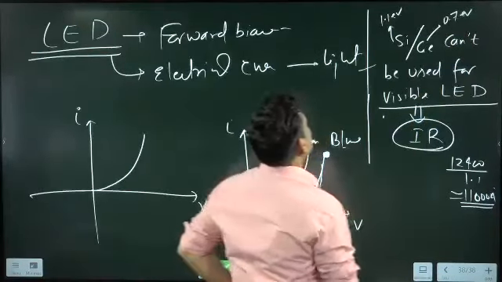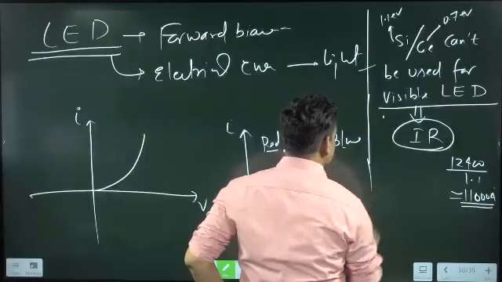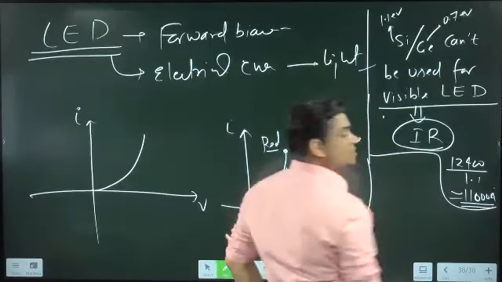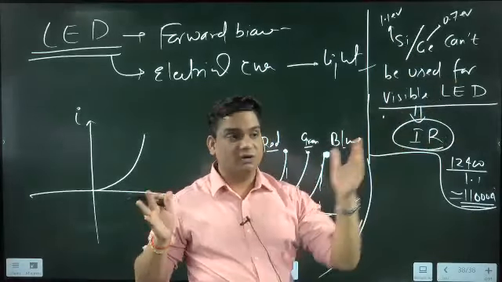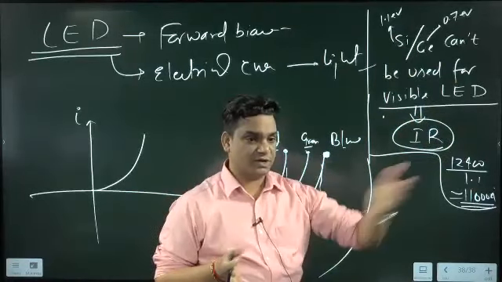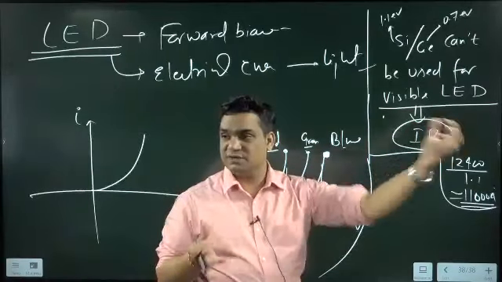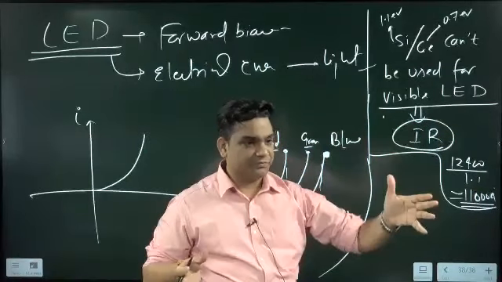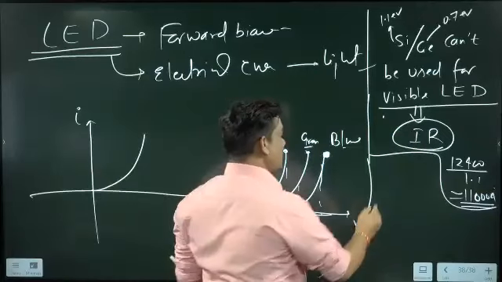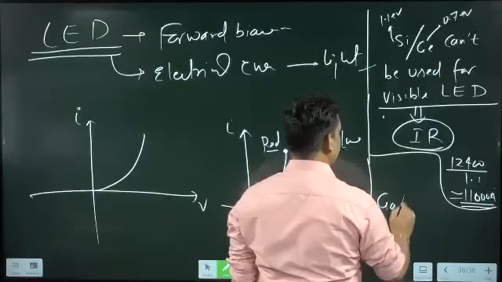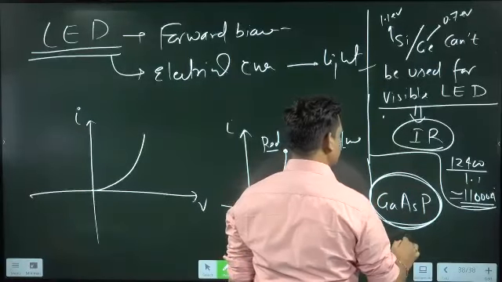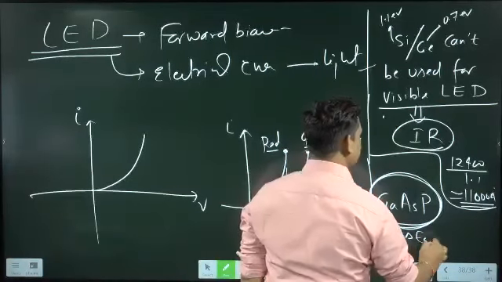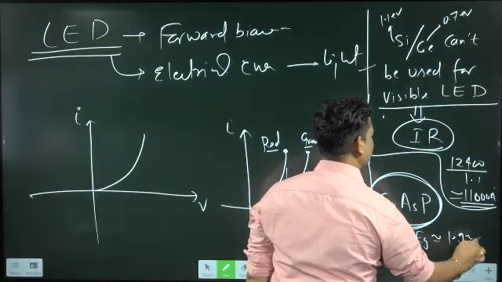Now you can ask which material we will use for the visible LED. A lot of time people were wondering what to use, and after long research we got the LED in the last 8 to 10 years. Now people discovered gallium arsenide phosphide, GaAsP. For GaAsP the gap is around 1.9, or around 2 electron volt.